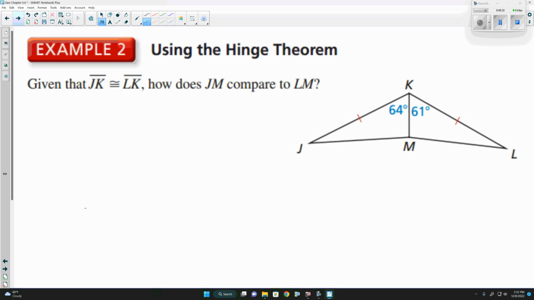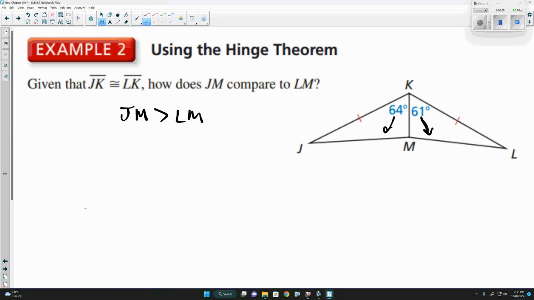Given that JK is congruent to LK, how does JM compare to LM? JM's bigger because the angle opposite it is. Since we're talking about measures, we won't have to. Yep. If we were talking about the segments themselves, we would.